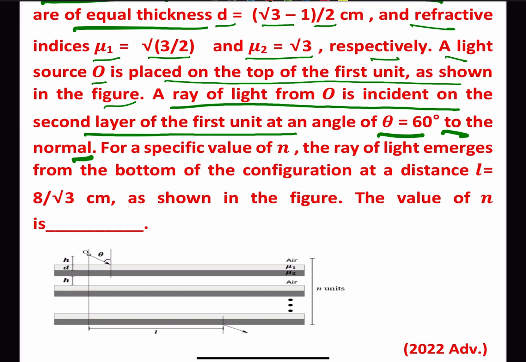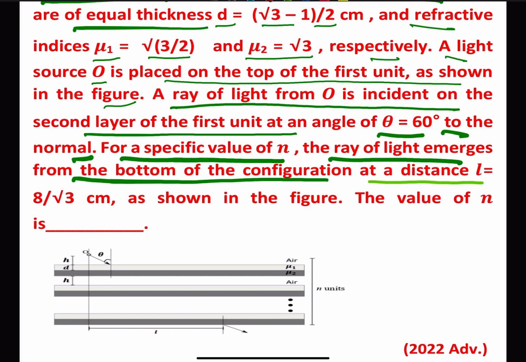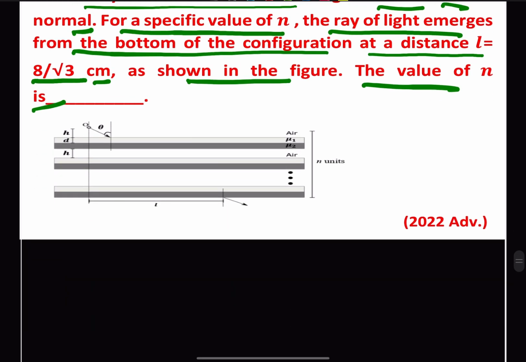For a specific value of n, the ray of light emerges from the bottom of the configuration at a distance of L, that is given as 8 square root of 3 centimeter as shown in the figure. The value of n is. So this consists of n units, and each unit consists of air and 2 mediums having refractive index mu1 and mu2.